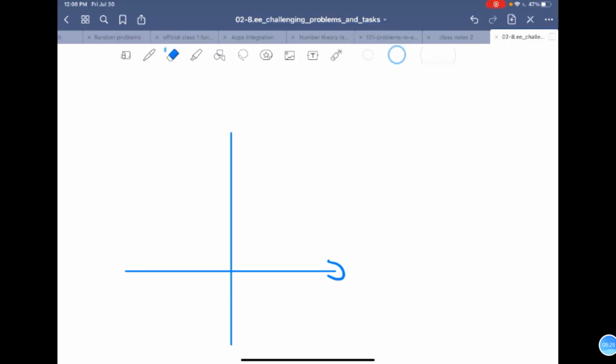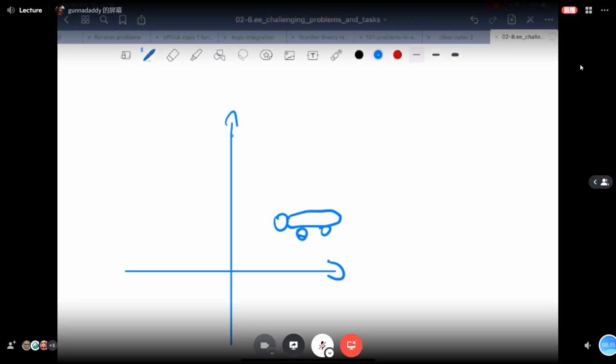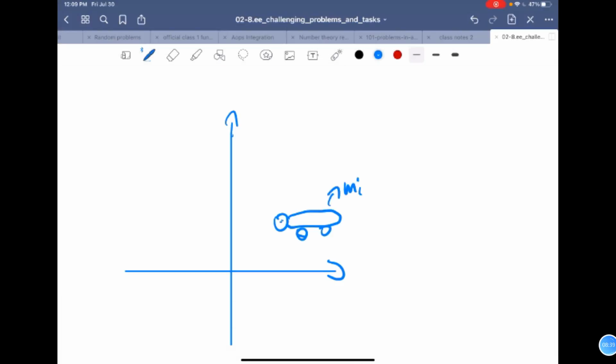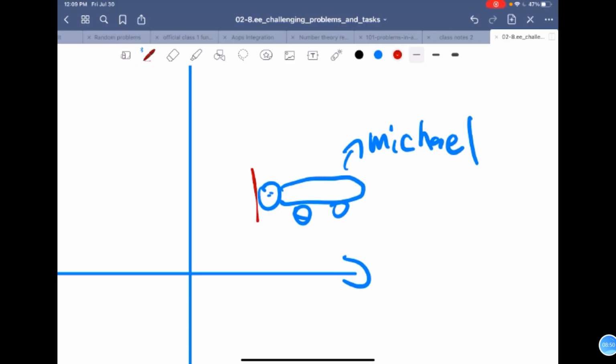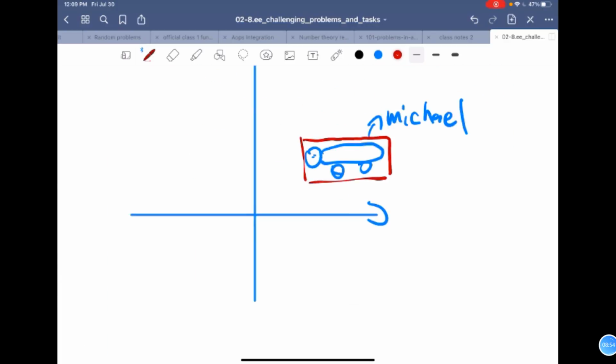All right, so I'm gonna do a concrete example here. How can you say move without changing anything? You have a dog right here, right? Let's name this dog Michael. All right. So what are some possible translations? Say that you have a square containing that.